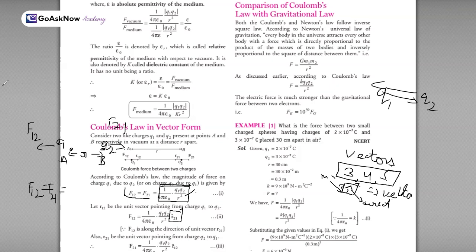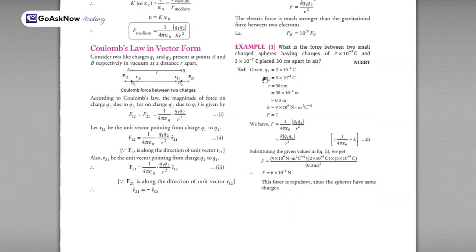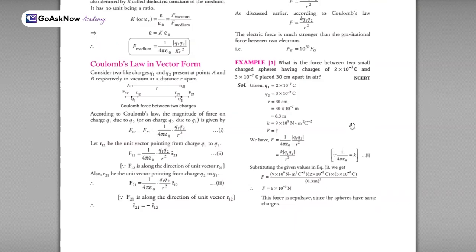So yes, just a second. I will erase whatever I have done here. So we can infer from there that R12 is equal to minus R21, because both are denoting unit directions, but one is from the first charge to the second charge direction, and the other direction is from the second to the first charge.